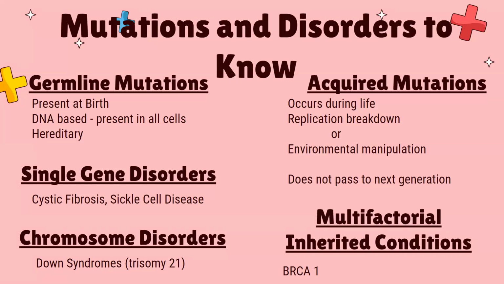Versus an acquired mutation. An acquired mutation happens over the course of our lifetime, so from extrauterine life onward. And this happens because as cells multiply and grow and replace themselves, they copy their DNA. Nothing's perfect, life happens.